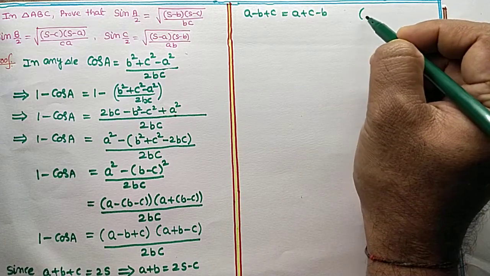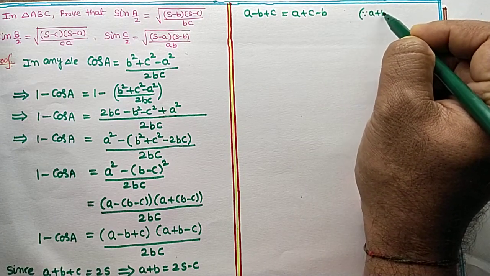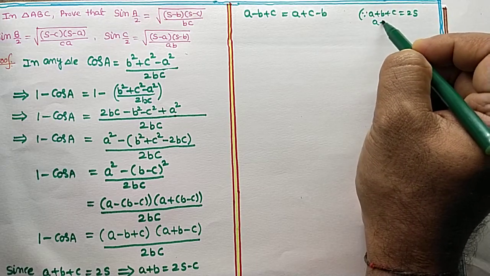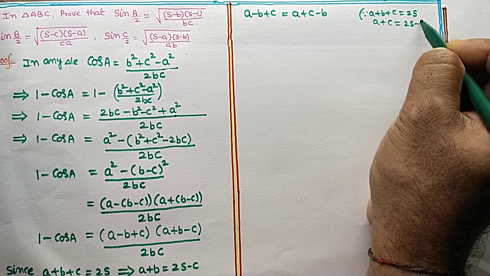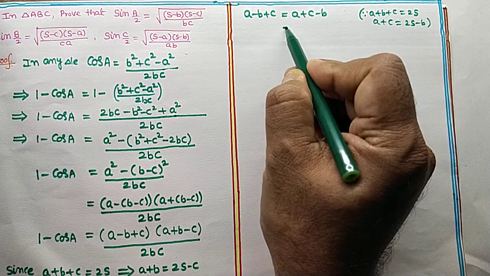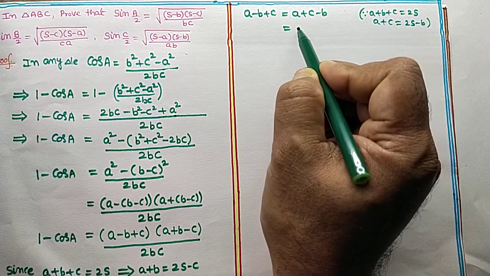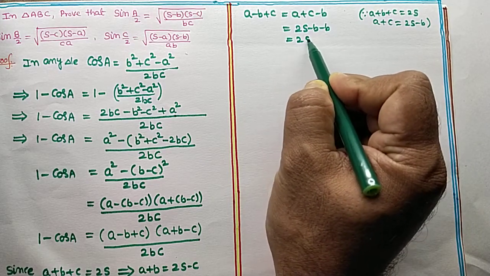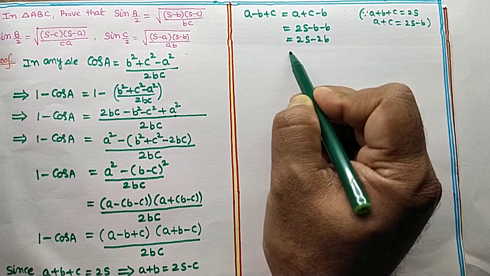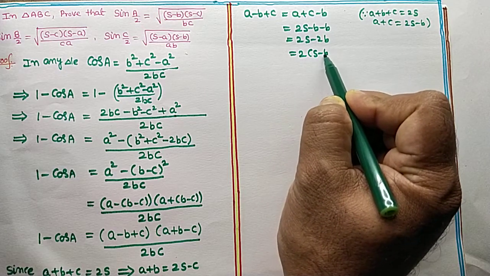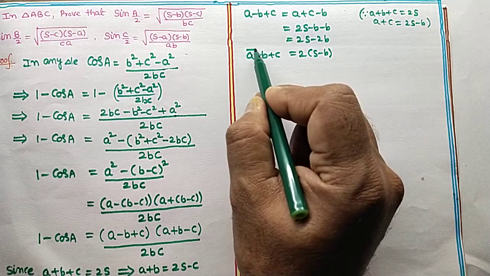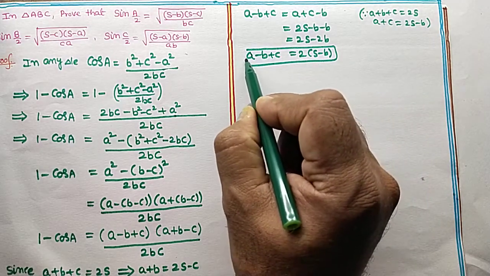Again, from a plus b plus c equal to 2s, making a plus c the subject, b goes to the other side: 2s minus b. So in place of a plus c, write 2s minus b. Then 2s minus b minus b equals 2s minus 2b. Taking common, 2 into (s minus b). So the a minus b plus c value is 2 into (s minus b).